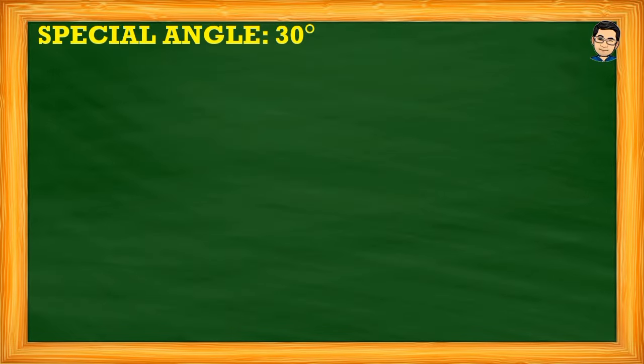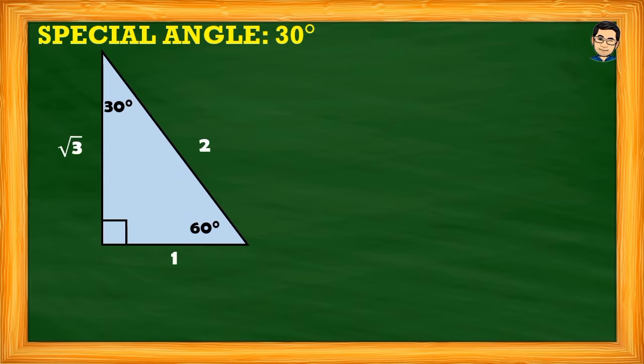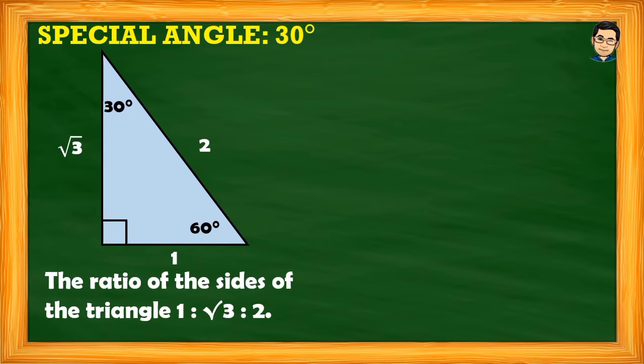So, let us start our discussion for 30, 60, 90 degree right triangle kung ang special angle natin is 30 degrees. Kumbaga yung theta natin dito is 30 degrees. The ratio of the sides of the triangle is 1 is to square root of 3 is to 2.